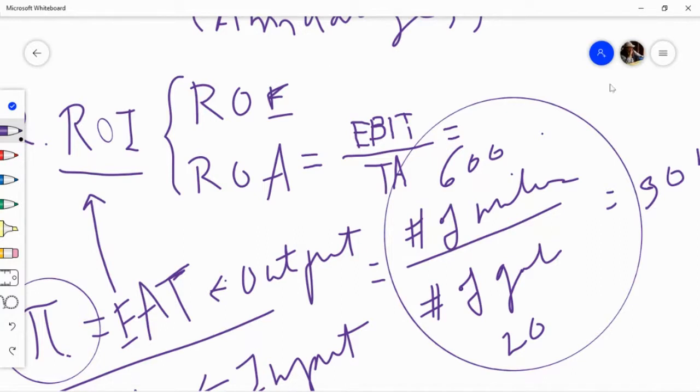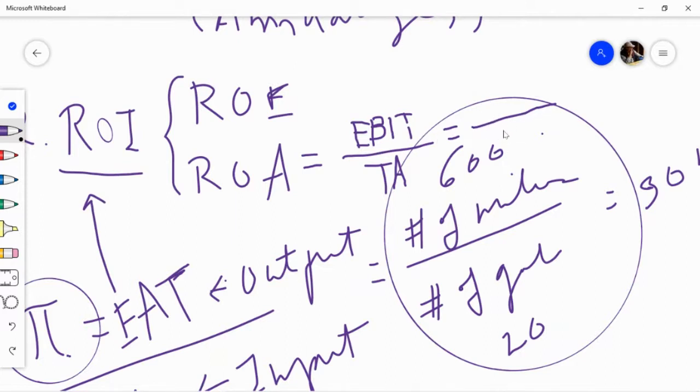So only operating profit is the more relevant output for the total assets.